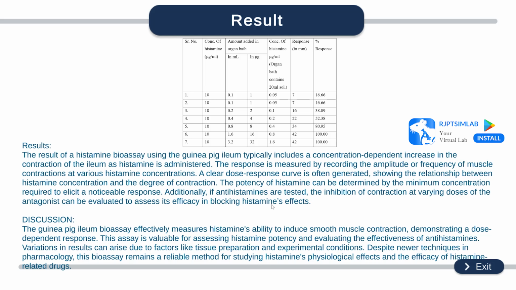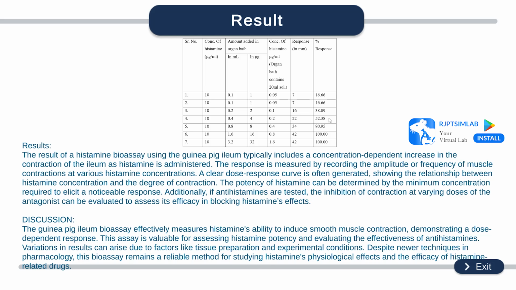The above paragraph explains that this bioassay of histamine using guinea pig ileum includes the concentration-dependent increase in the contraction of the ileum as histamine is administered, which means as we were administering different concentrations of histamine. As we can see, these are the different concentrations of histamine. The response and the amount of contraction were also different for the different concentrations. This is the response recorded, and the percentage of the response is also recorded.